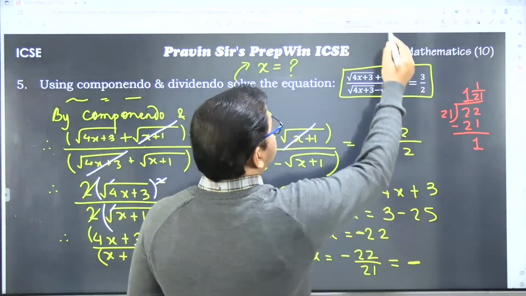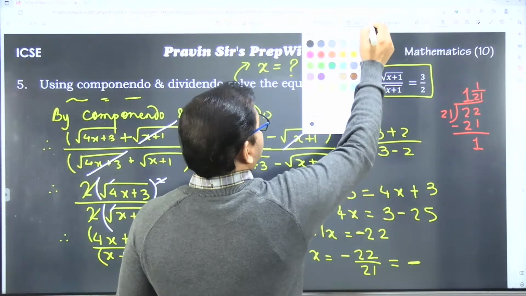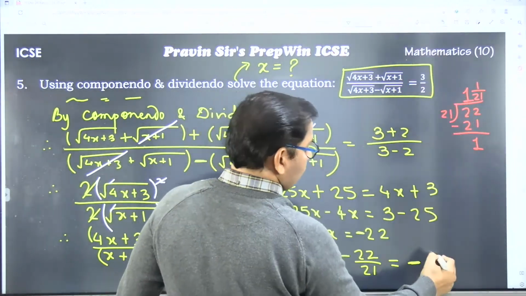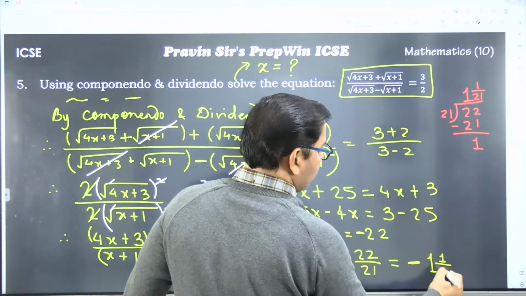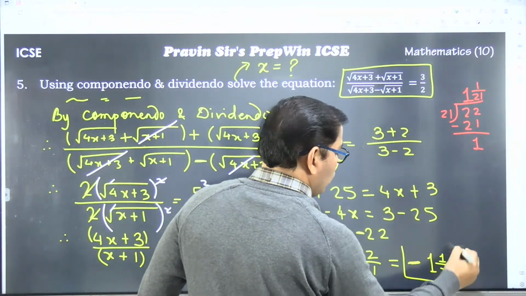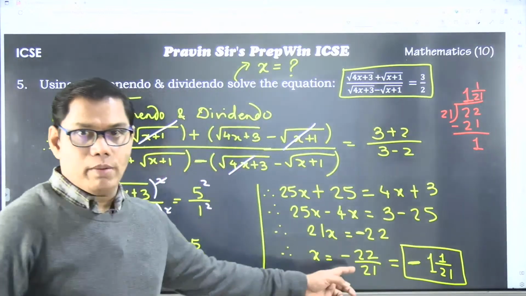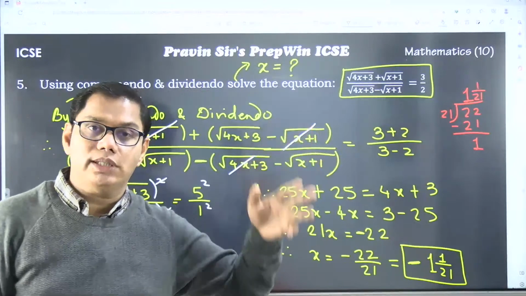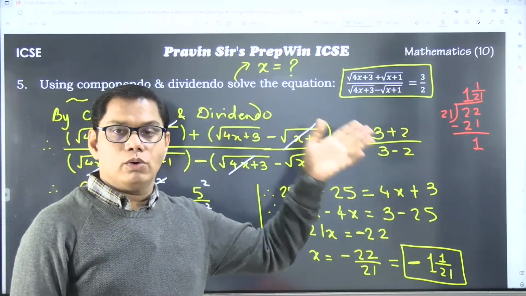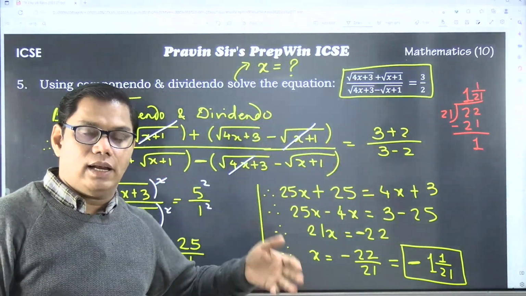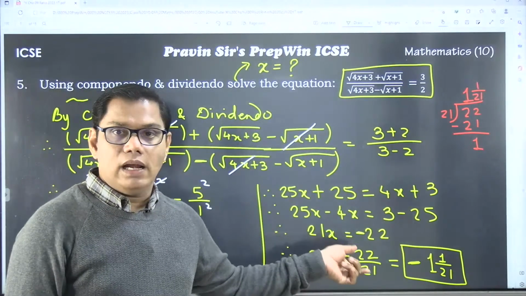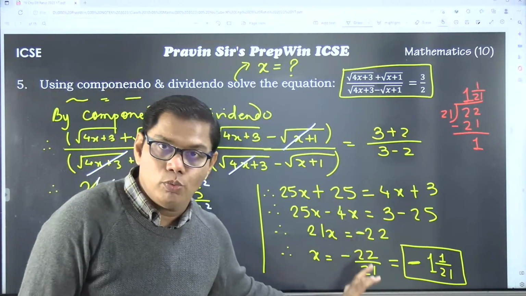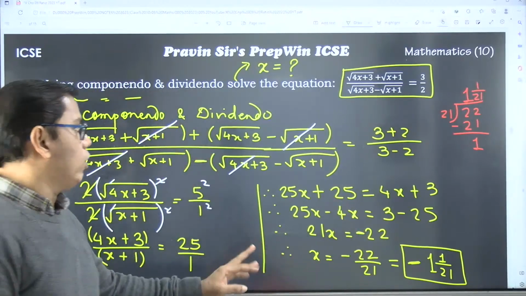So my answer is negative 1, 1 by 21. Please don't leave the answer like minus 22 by 21. Because if you go to the website and see the maths syllabus, they clearly instruct you that you are not allowed to keep a bigger number in the numerator and a smaller number in the denominator.